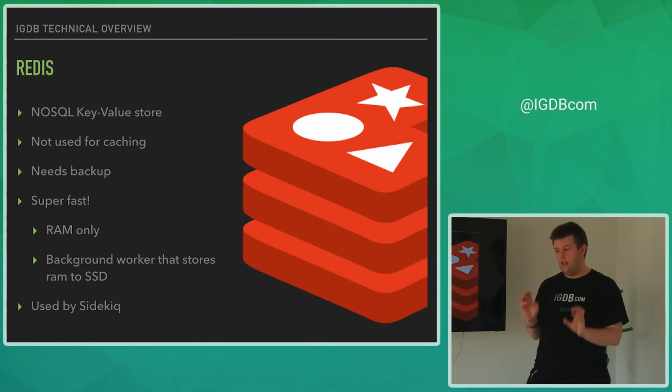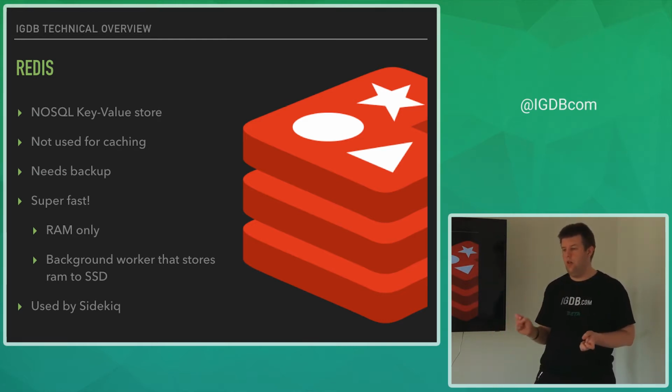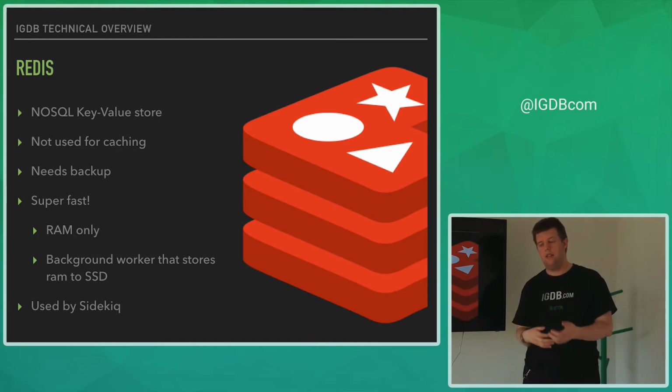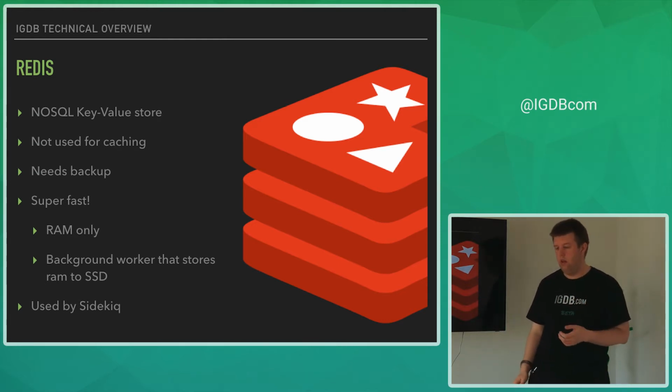And it is super fast because it's RAM only. So when you store something, it stores it in the RAM and then saves it in the background to the SSD on the server.